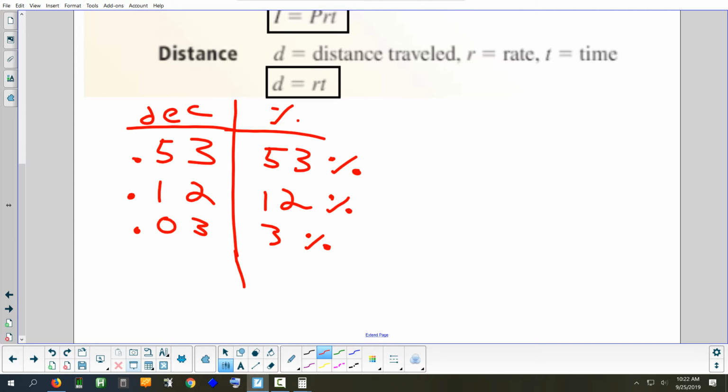So the trick here, if you're not sure how to change decimals to percent, all you do is take this and move it which way? Right, how many? 1, 2. You just put it over there, and then it turns into 53. What if I had 0.07? Move it 2, and what do you get? 7%.